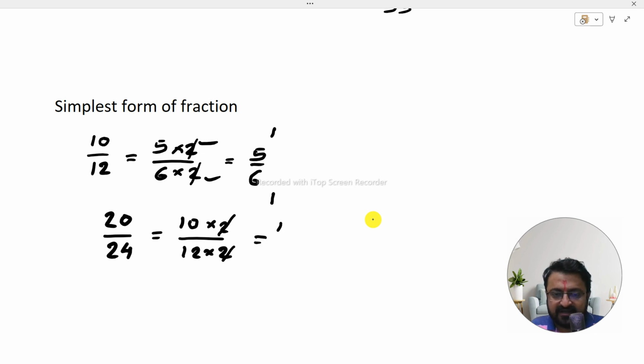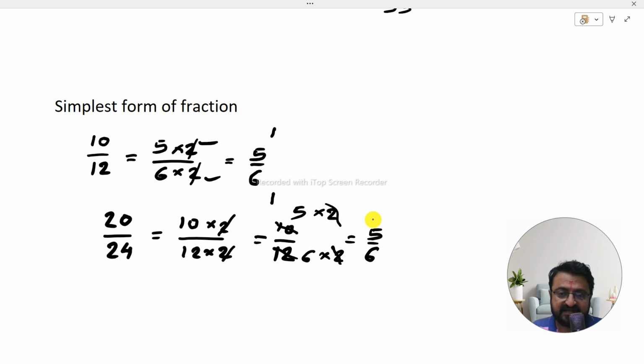Okay, now you will get the answer 10 upon 12. So many students think, sir, I finished my sum. I got the simplest form of 20 upon 24. But no, sorry, you are a little bit wrong because you can cut more. Here you can cut 5 2s are and cut 6 2s are. So we can cut 2 more, and now the final answer will be 5 by 6.